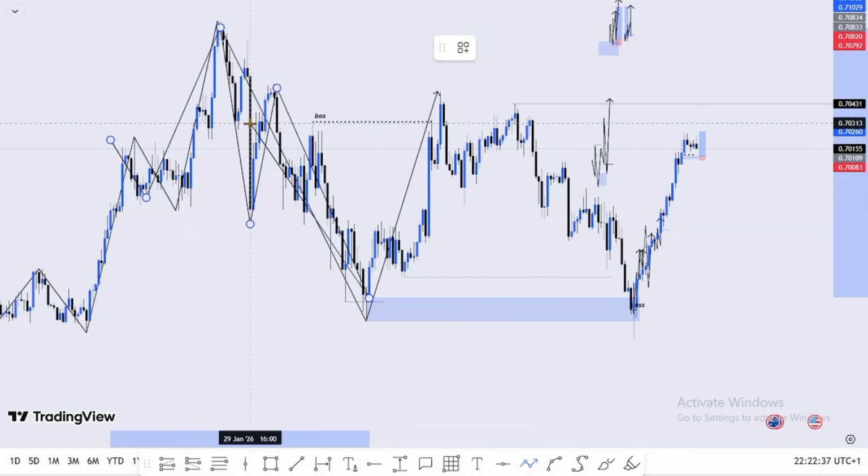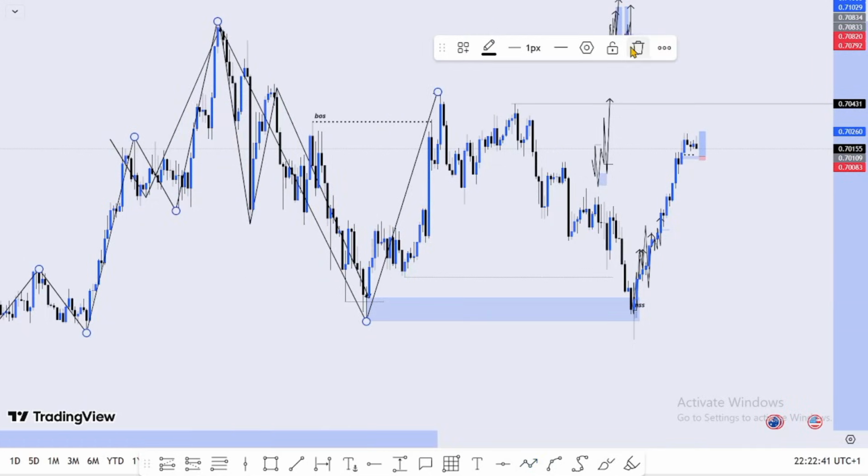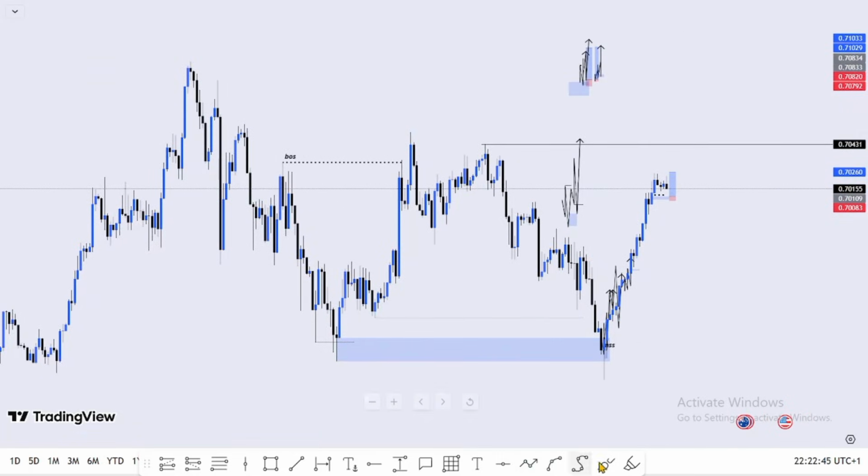So maybe you're looking at this in a different way, because you need to look at price action in two different ways. You need to come to the market with an unbiased mindset. The way I like to trade is I try to validate the bullish side and try to validate the bearish side, and the one that makes more sense, I will go with it.